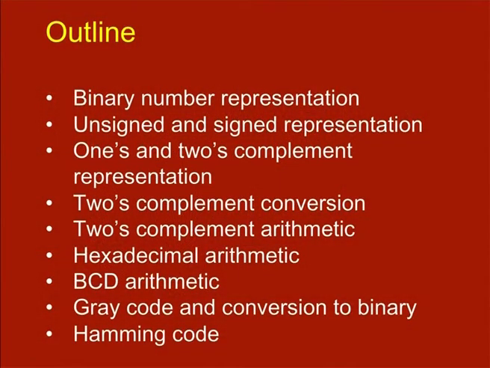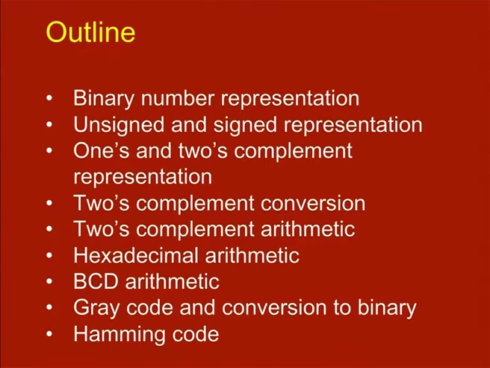Hello viewers, today in this part of the discussion we will continue to discuss number system and codes, and the brief outline for today's discussion is as follows. We will start with binary number representation, then we will discuss unsigned and signed representation, then we will go to ones and twos complement representation, then we will discuss twos complement conversion and twos complement arithmetic.